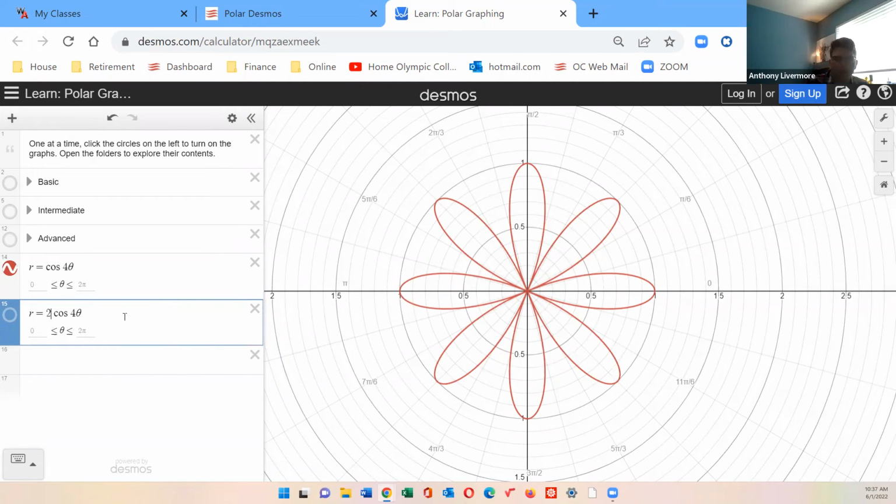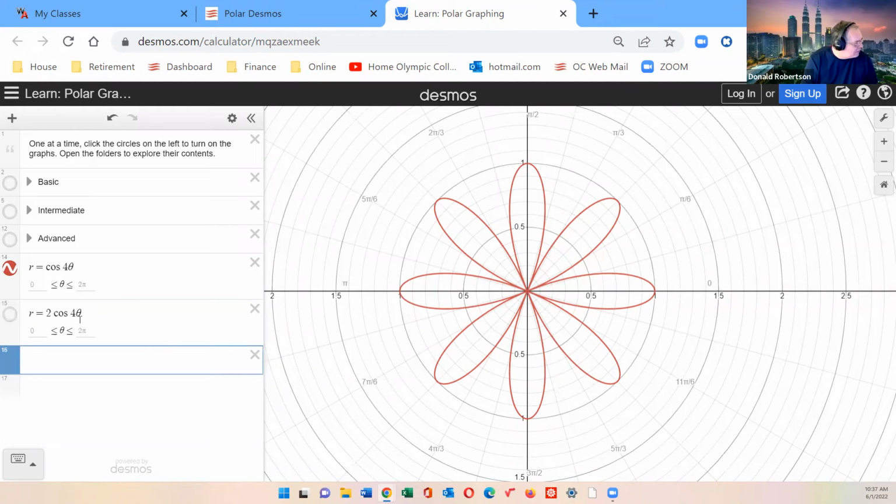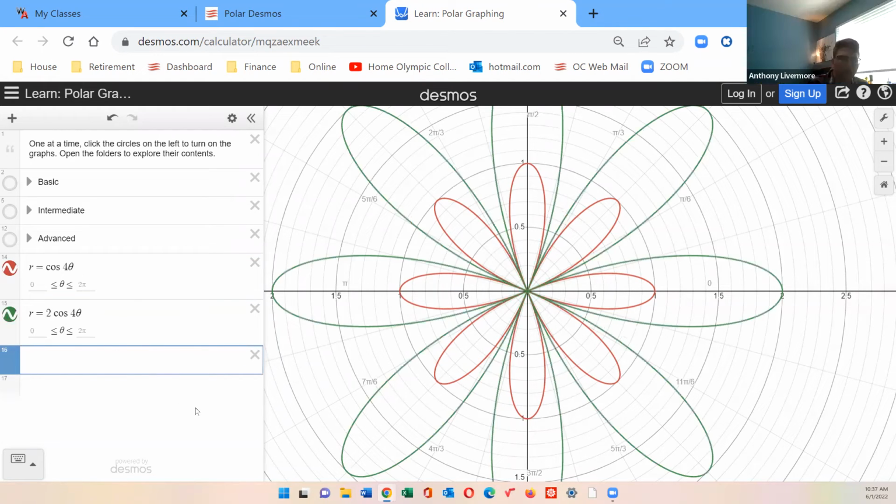Do you think the petals are going to get longer? I think they are. It is similar to the period and amplitude of the Cartesian, isn't it? Amplitude is how far the petals go, and period is how many petals you get in one rotation. Yeah, they're kind of similar.